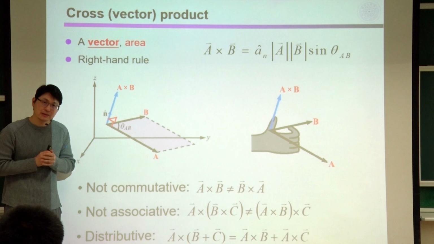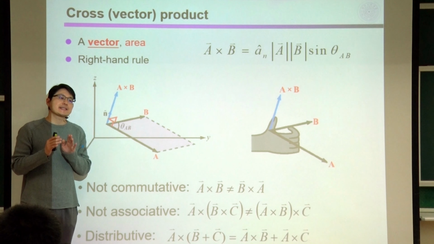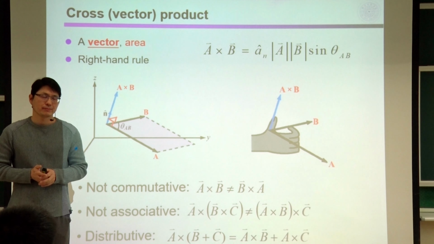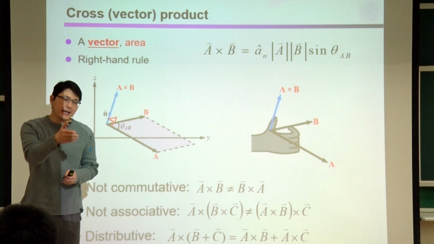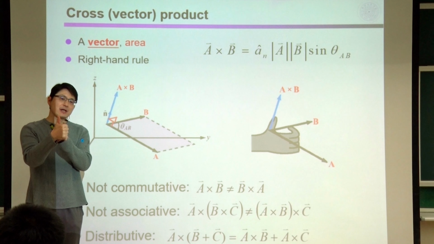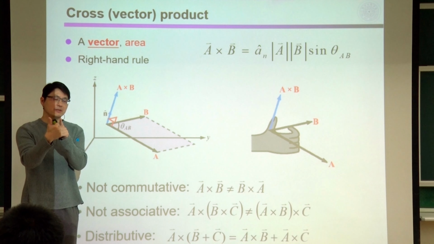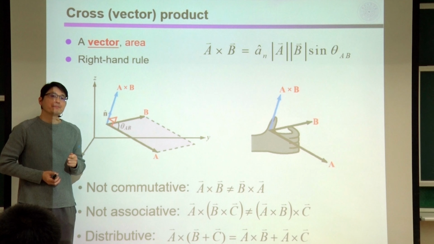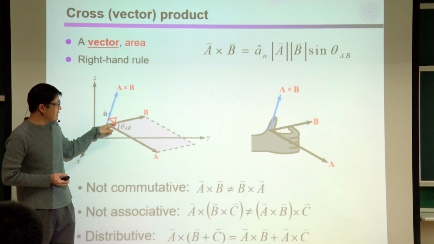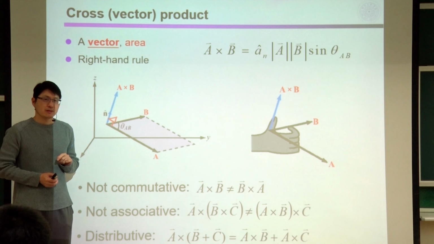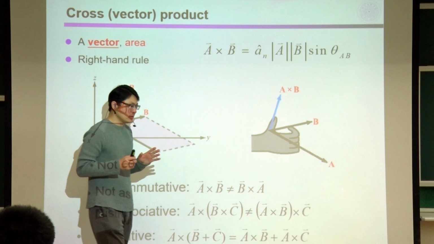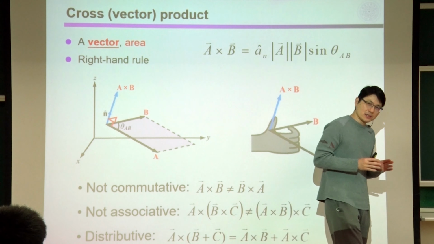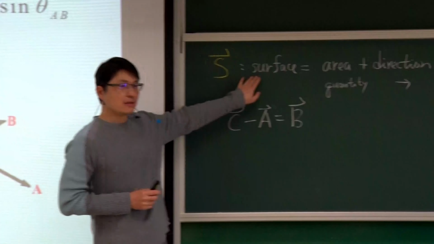So what does that imply? You make an A cross B, the resulting vector C, or whatever, is perpendicular to both A and B. The meaning is most related to what I mentioned.